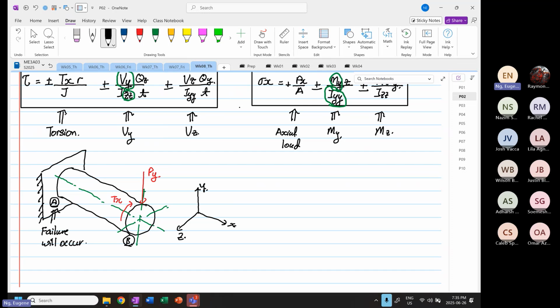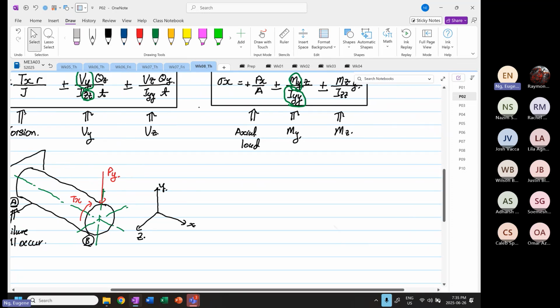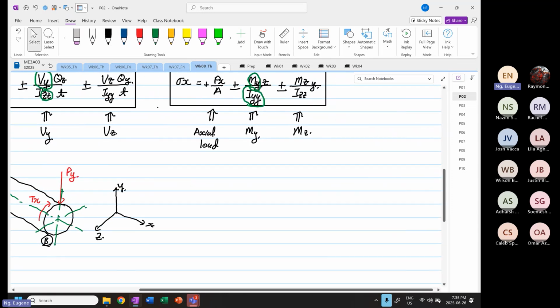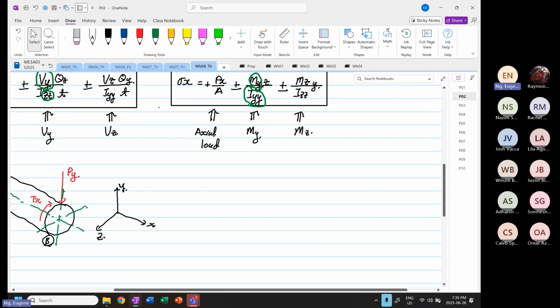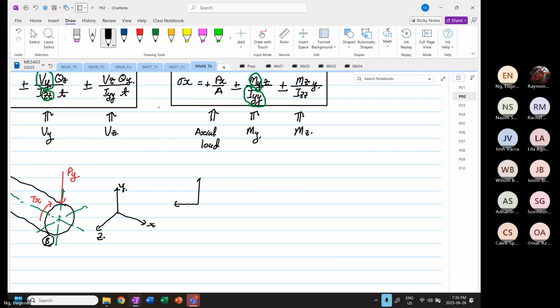Okay. So now, if we look at the cross-sectional view, right? If we now look at the cross-sectional view, so our cross-sectional view, this is our y, z, and our rotation about x. Okay.